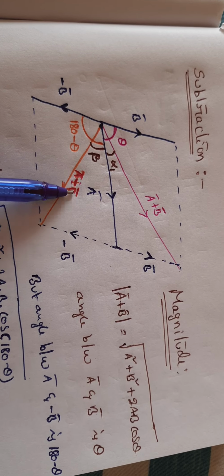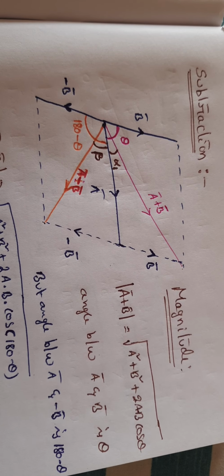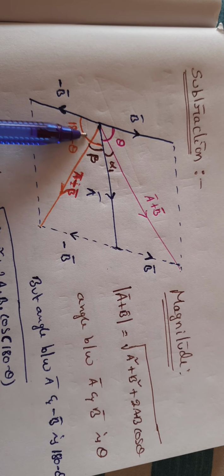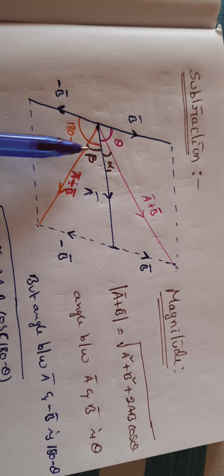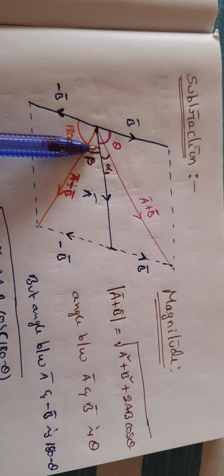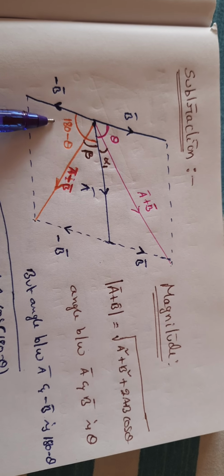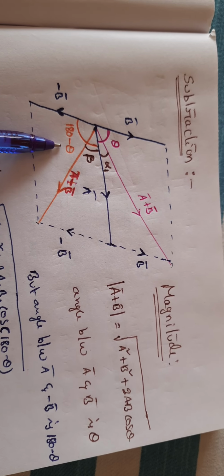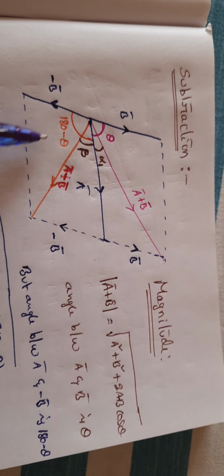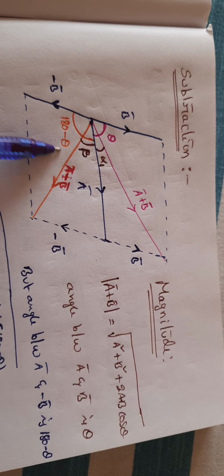So what are you going to find out? Your R bar is modulus of A bar minus B bar, and the angle between the two given vectors is, here it is theta, here it is 180 minus theta. Is that clear? So therefore substitute in place of theta 180 minus theta.